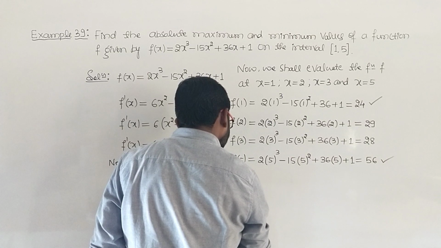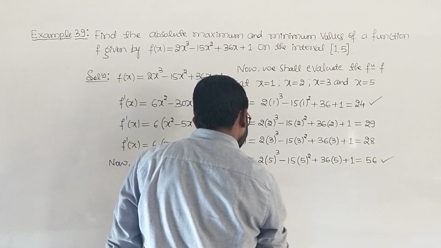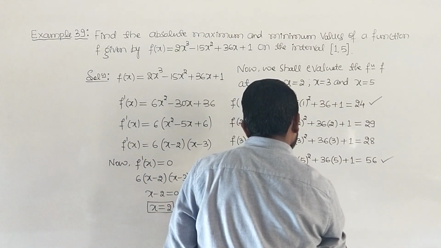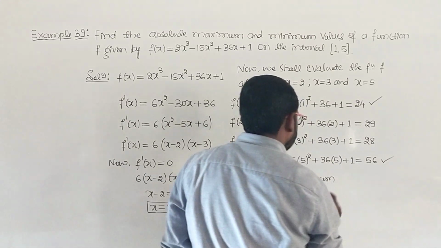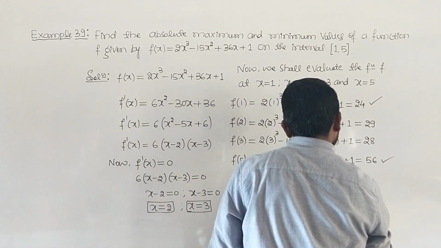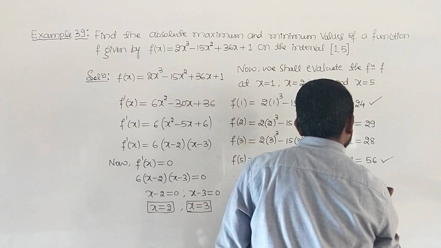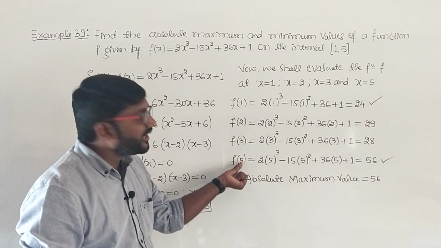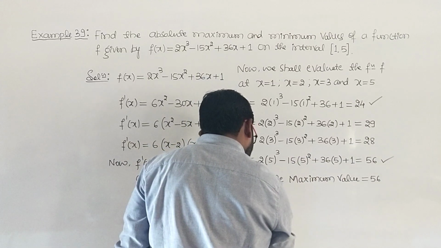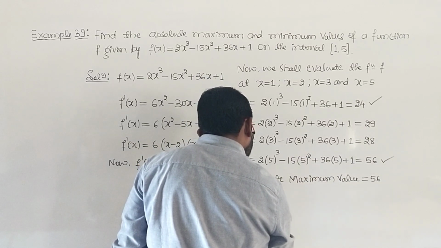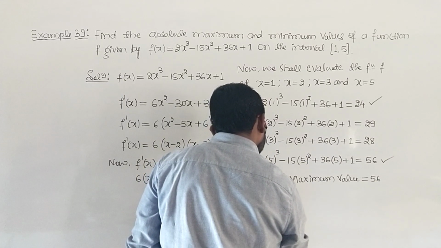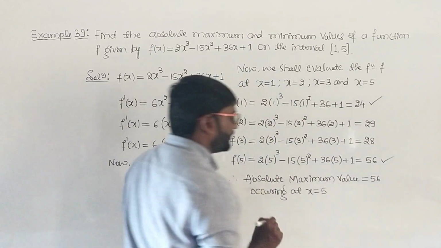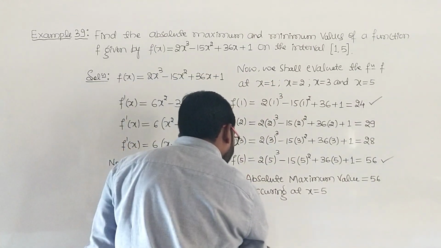Therefore the absolute maximum value is equal to 56, occurring at x equal to 5. Now what is the second point?